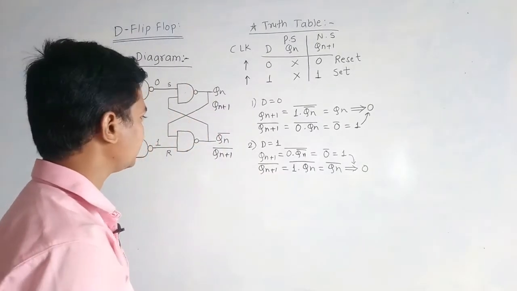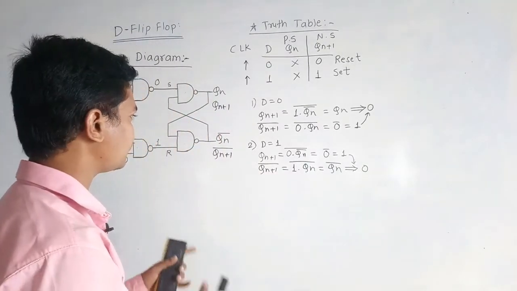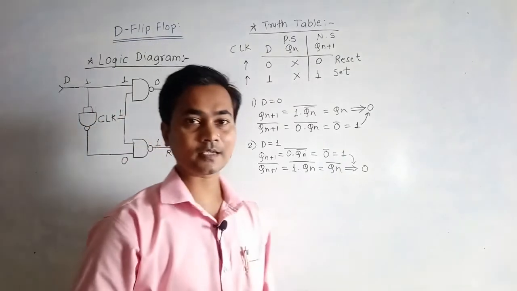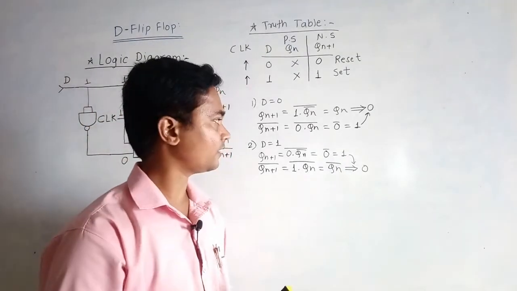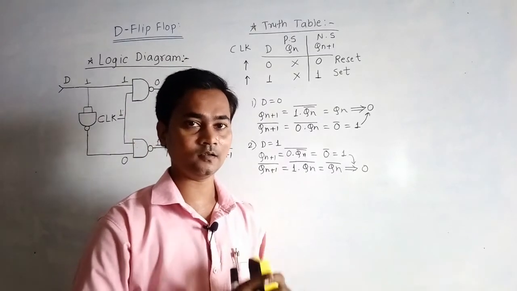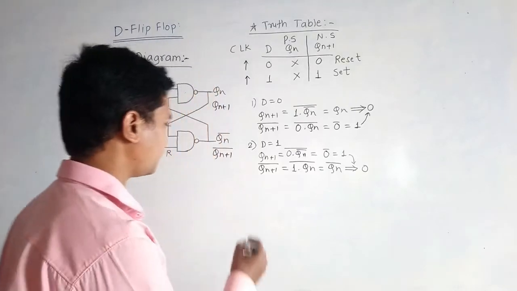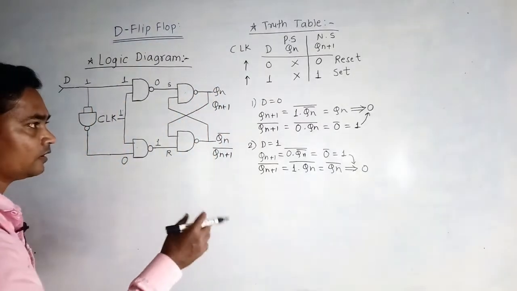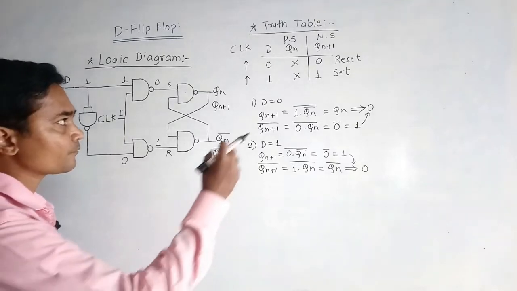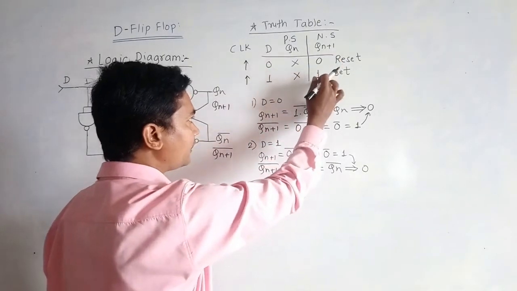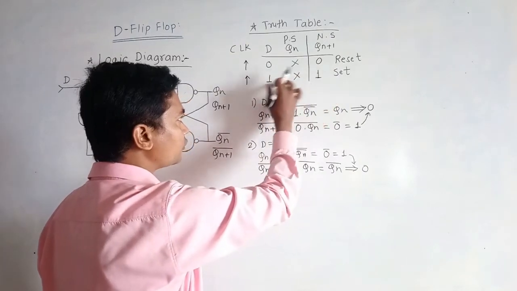So let us draw the truth table, let us draw the K-map to obtain the output equation. Okay, what is the actual value of Qn? So let us draw the K-map. The K-map will be drawn by considering only output equal to 1. So for this value we will consider the inputs.